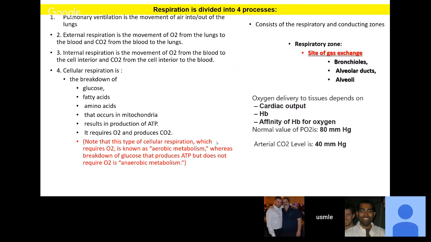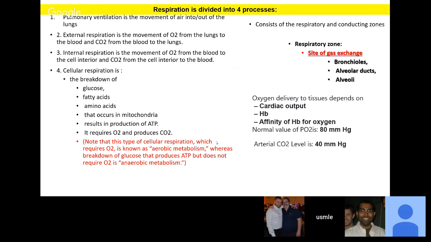Now, for breathing and respiration, remember you're going to have two parts of respiration. One is the lung gas exchange. By definition, respiration means gas exchange, meaning oxygen and CO2. So you have the lung one, which is the alveoli, and you have the tissue one. Between them is the transporter, which is the exchange within the red cells.